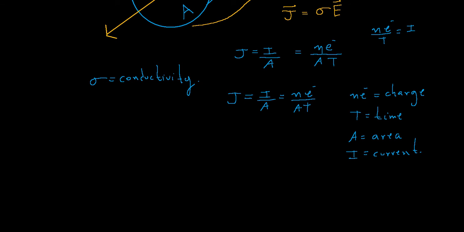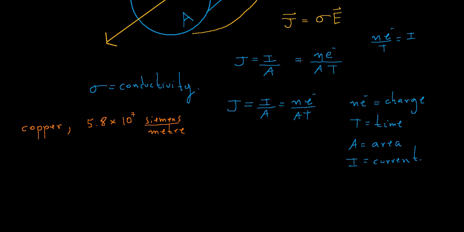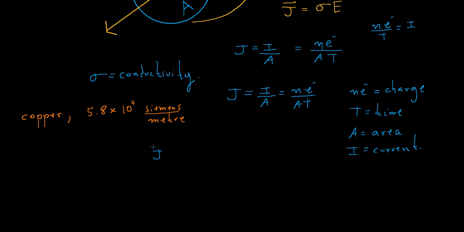For copper wires, the conductivity is equal to 5.8 times 10 to the 7, given in a unit called Siemens per meter. This is not very important, I'm just giving it for completeness. So again, J is equal to sigma, the conductivity, times the electric field.